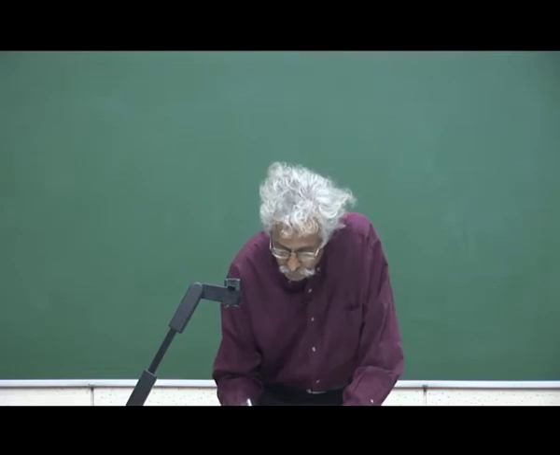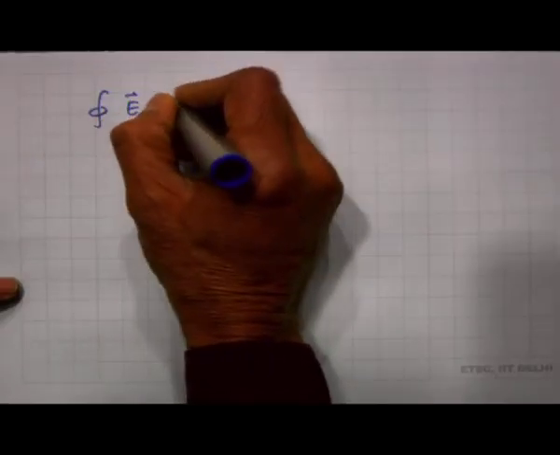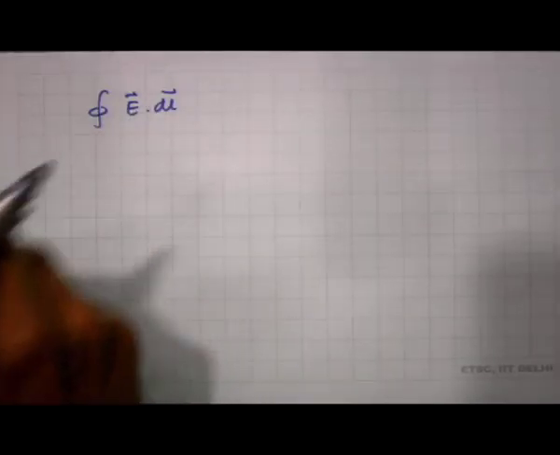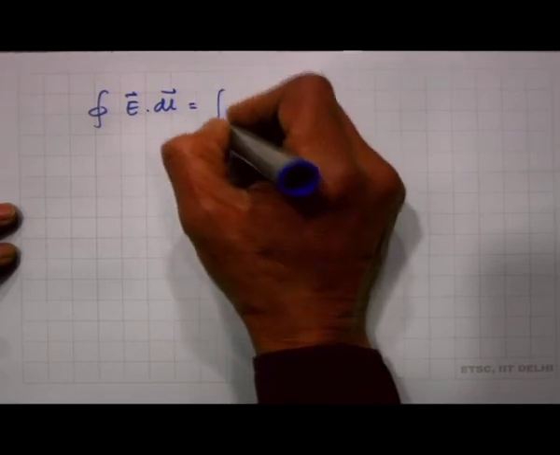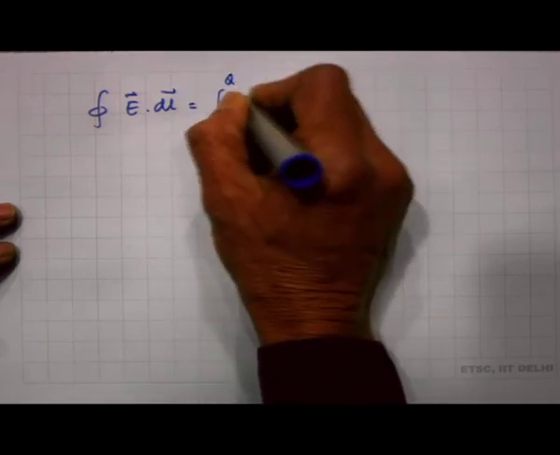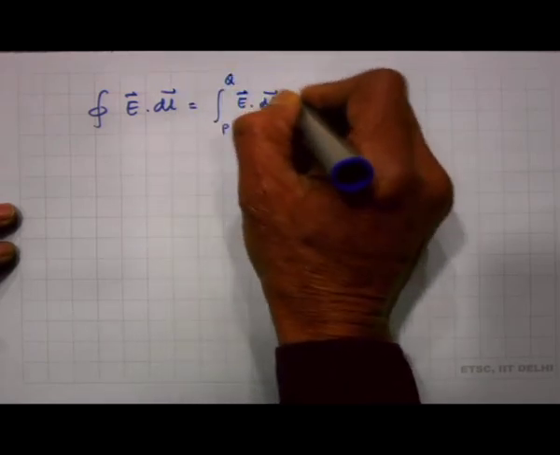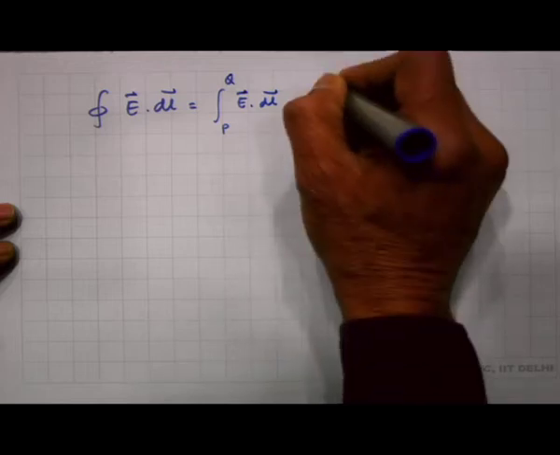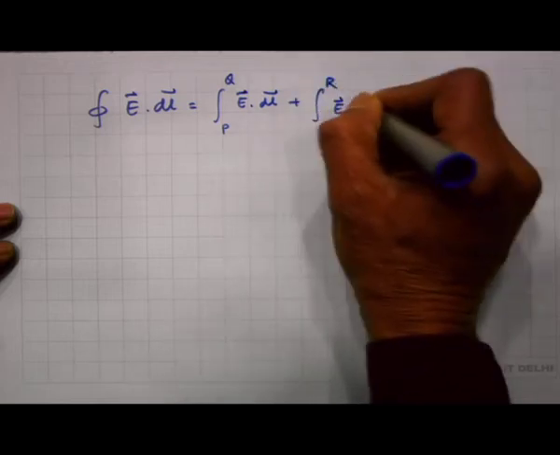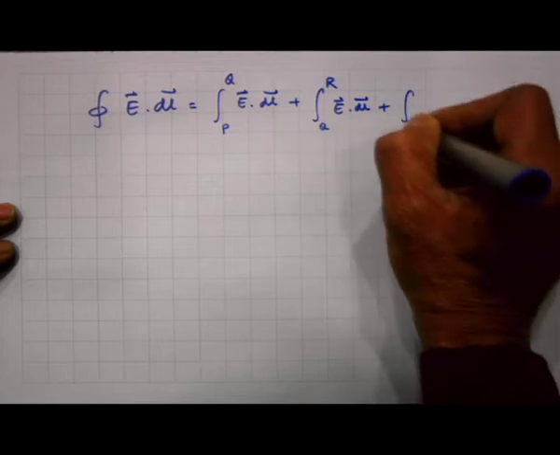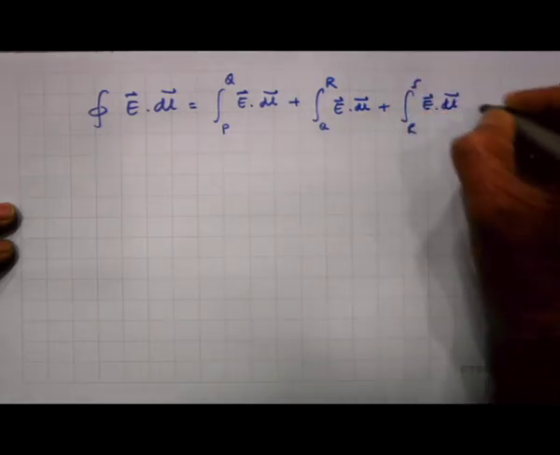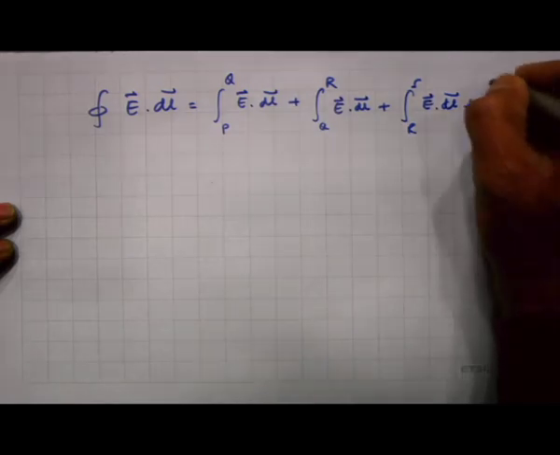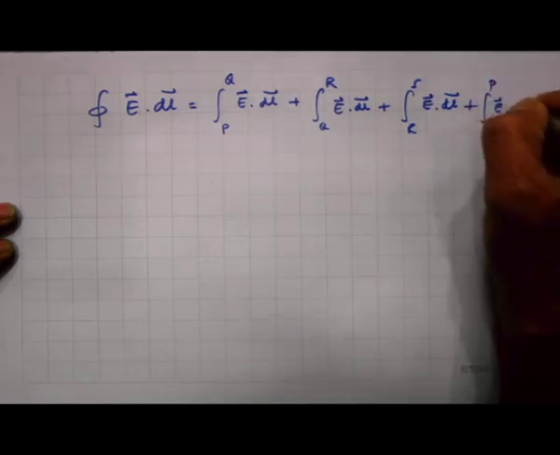So, I want to calculate integral E dot dl. So, look at the path here, the path I am taking is P Q R S. So, this will be equal to integral P to Q E dot dl plus integral Q to R E dot dl plus integral R to S E dot dl plus integral S to P E dot dl.